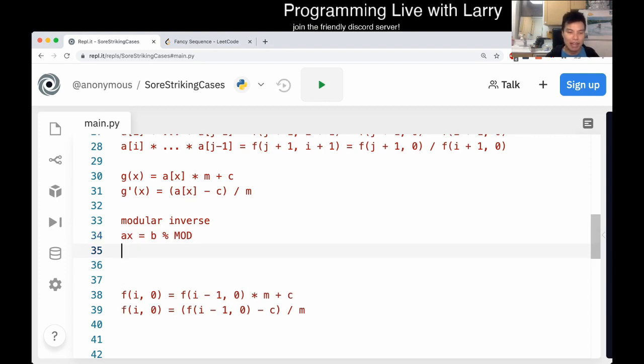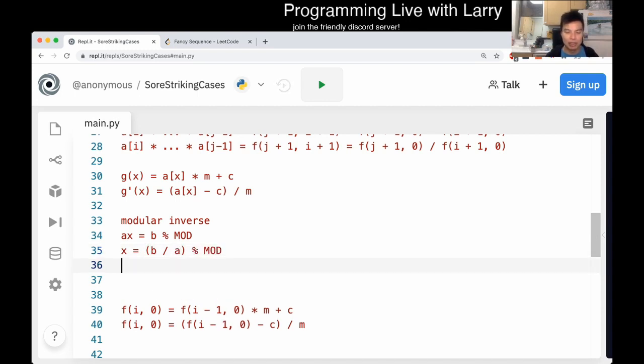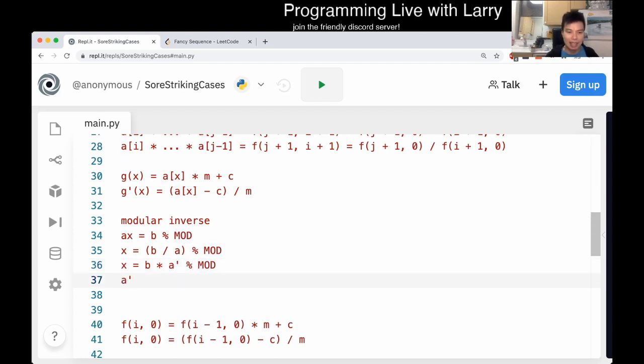So now to divide a on both sides to get x, in theory what you want is something like this, but what actually happens is that you need something called the modular inverse, so that b times a prime under mod is the same, and the idea is that a times a prime is equal to 1 mod it, right? As long as this holds, then this will be true.